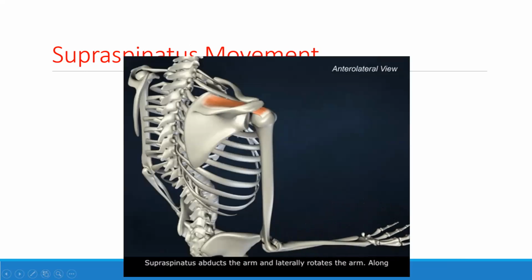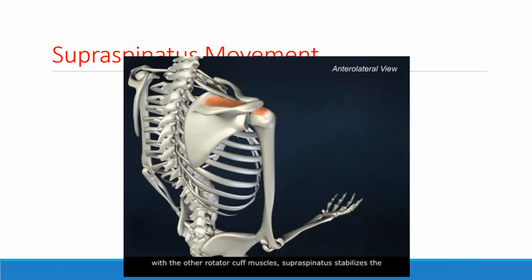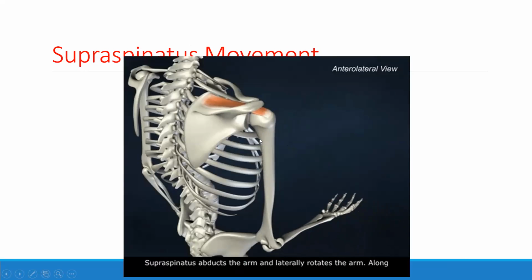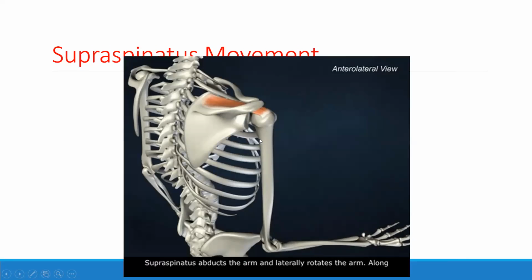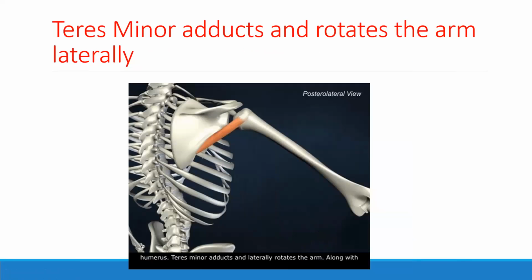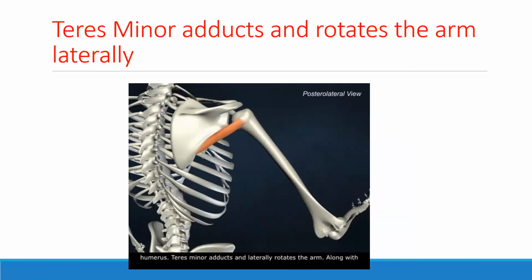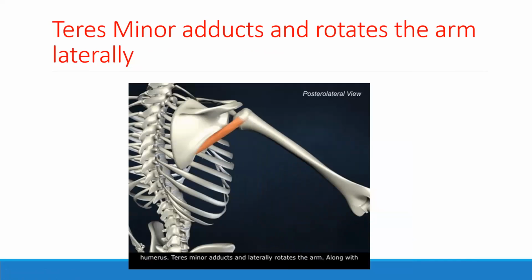Here we see the supraspinatus pulling on the arm, and the subscapularis is more than likely pulling in this direction too, so that our arm can go out to the side. Here we see the teres minor contracting and pulling the arm laterally.